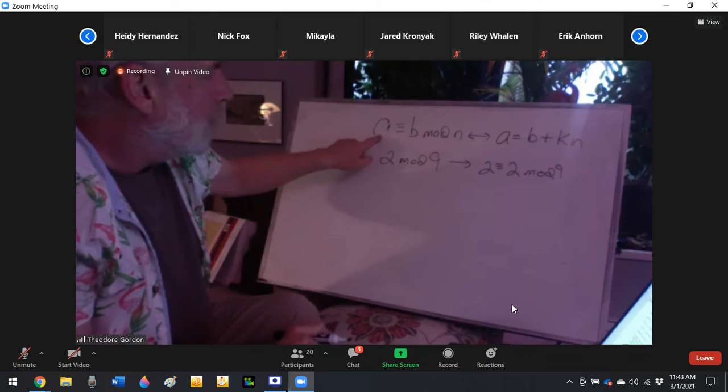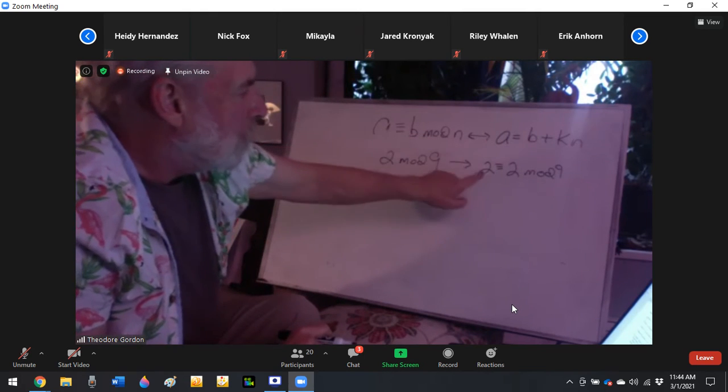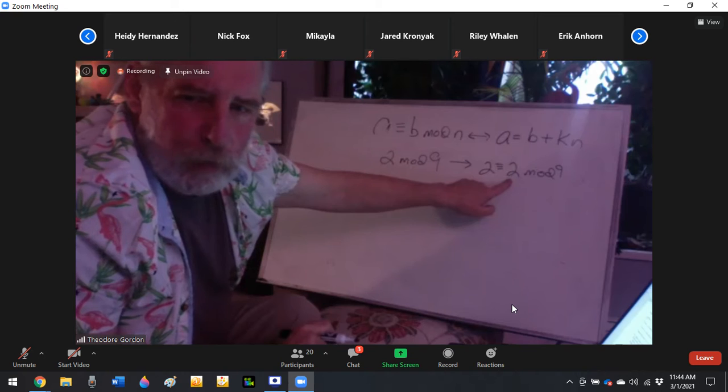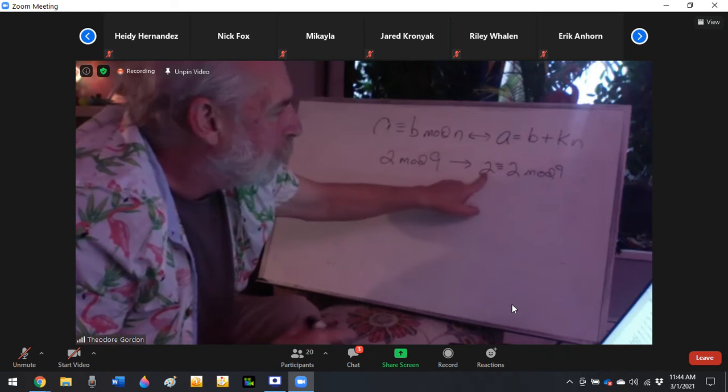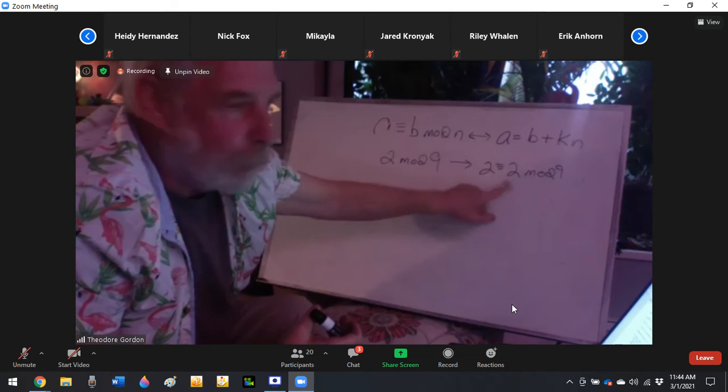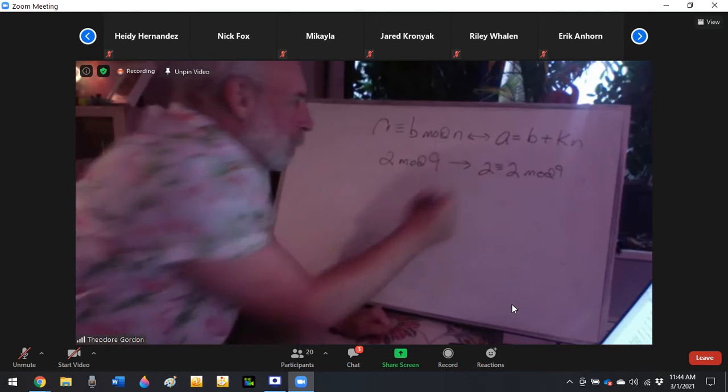Whenever A is less than the mod, A is always congruent to itself because 9 goes into 2 0 times and the remainder is 2. But there's an infinite number of answers here.